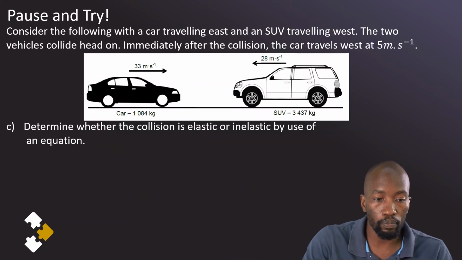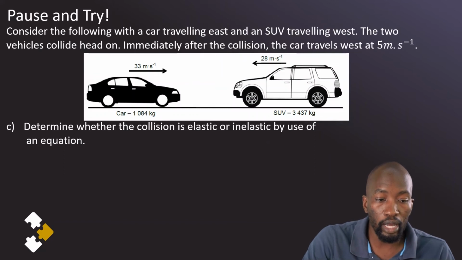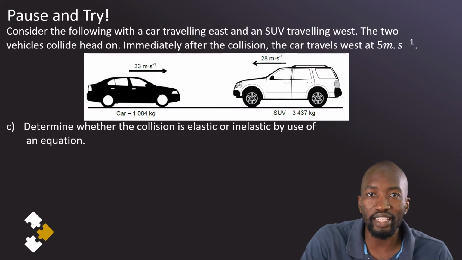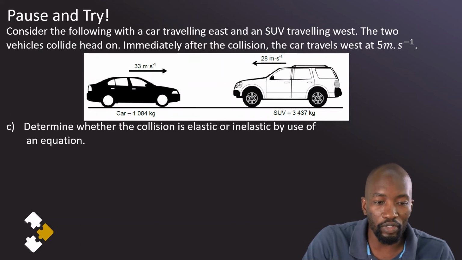Now let's carry on. Then they're saying determine whether the collision is elastic or inelastic by use of an equation. So first let's find the kinetic energy before the collision. So we know, I'll just say EK before is equal to half m1 u1 squared plus half m2 u2 squared.